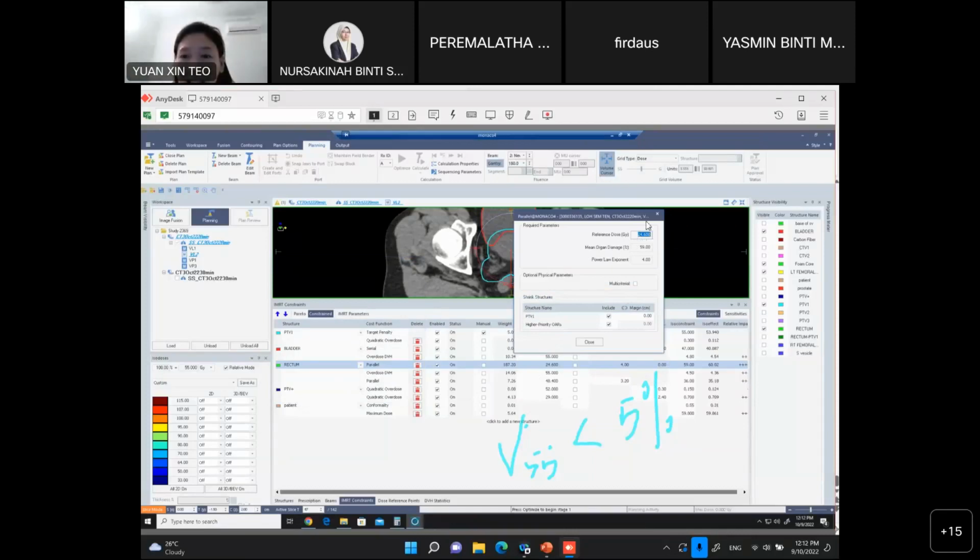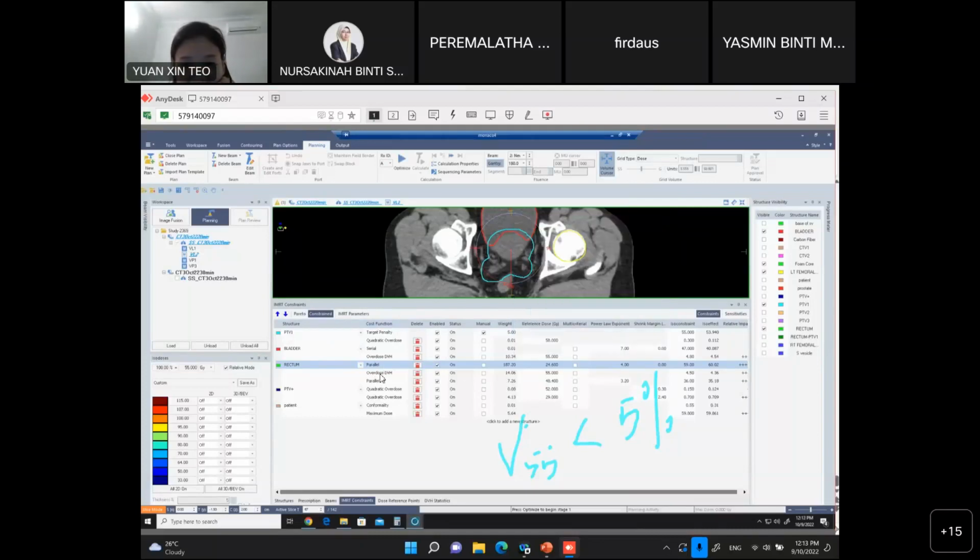How we key in all these values is based on the DVH given. Later I can show you after I explain this one. For the same thing, she also uses overdose DVH to limit the dose, 4.5%, not more than 55 gray.